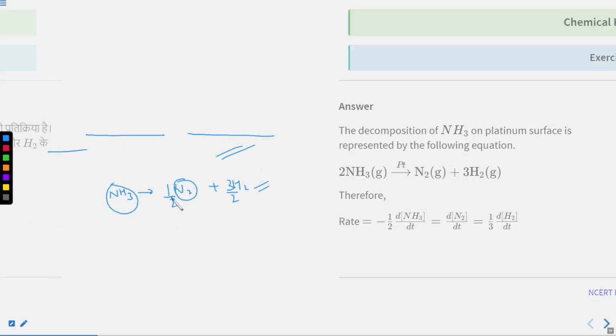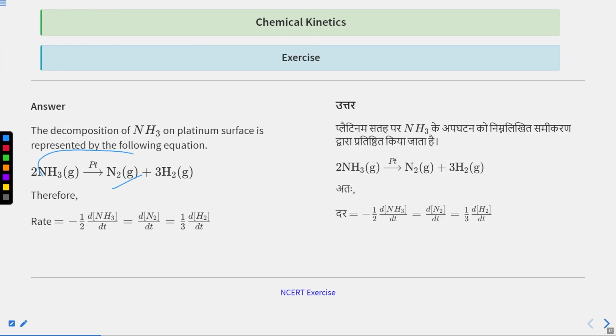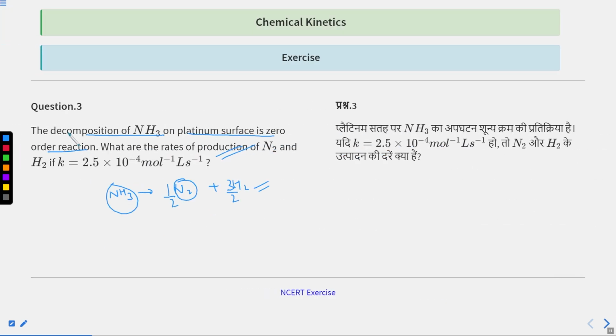The thing they have done is that they have taken this equation, and I have taken a different equation. So you can do it either way, both are correct. But the answer is coming different, so this should not be the case. We'll come back to this.